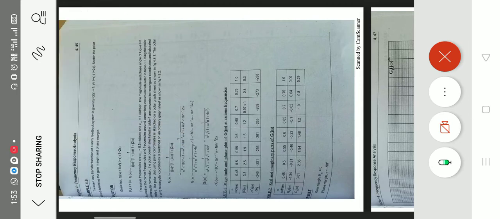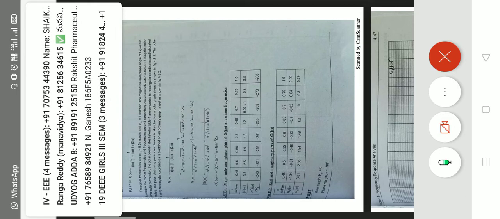In the same way, we can calculate the magnitude of 1 plus j2 omega: the square root of 1 plus 2 omega whole square, so the square root of 1 plus 4 omega square. This is the magnitude of the system. Then we can calculate the phase. Here the terminal is 1 by s square, so I am taking the phase as 180 degrees minus tan inverse of y by x.